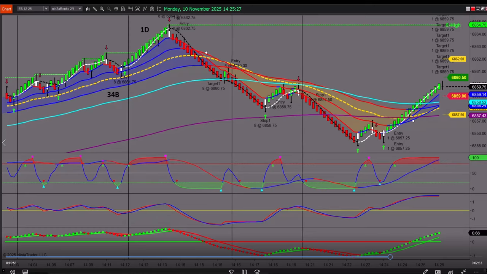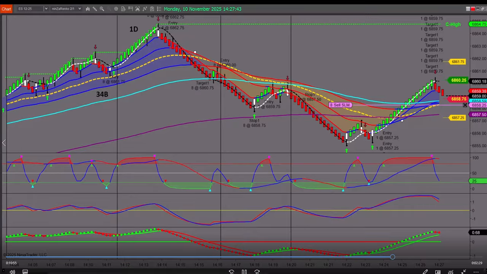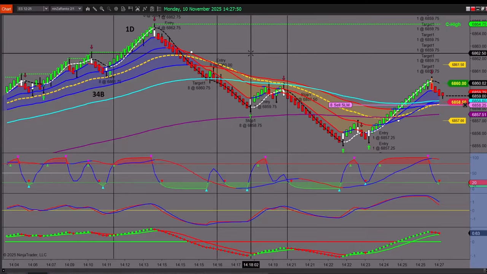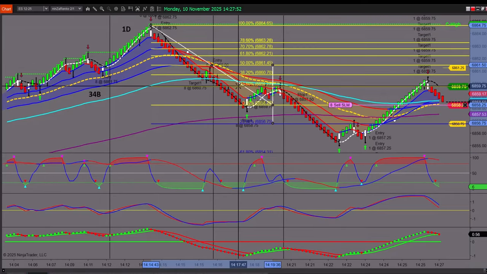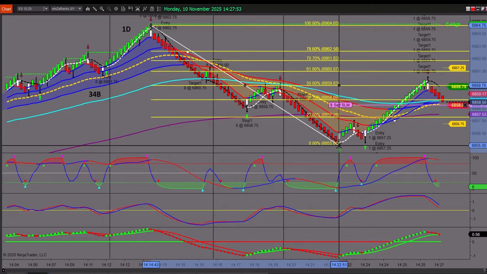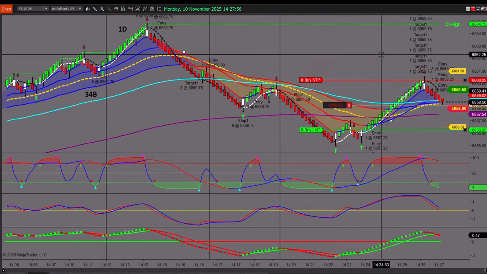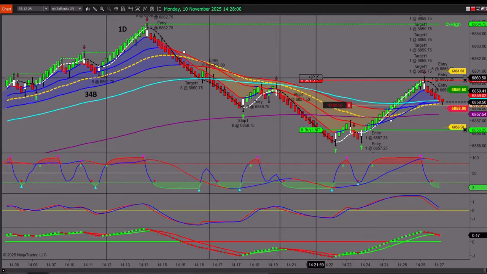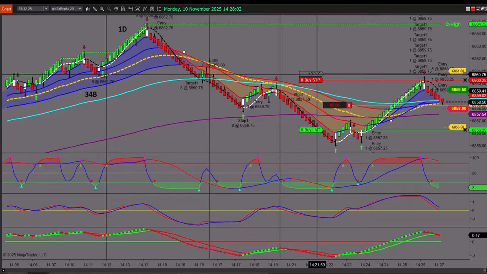Now I'm looking at my anchor chart here where I've got a slingshot. I've got a fib tool, a really cool Fibonacci extension tool that I use. So that is a 55 retracement, just a nice little confirmation in what I was doing.